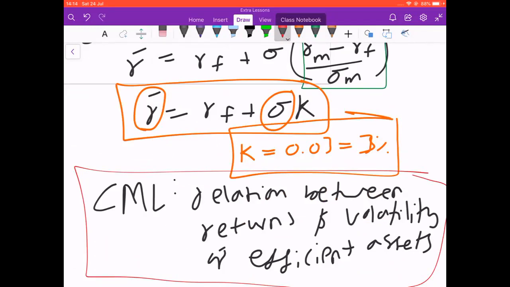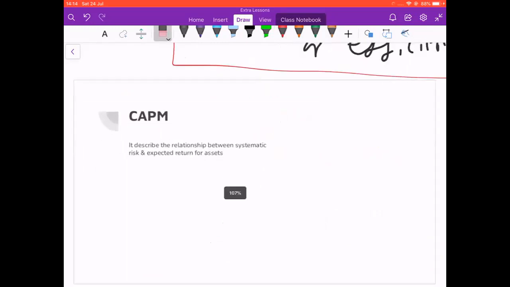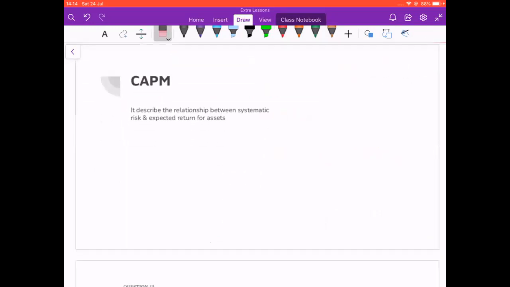So in that case, we use the capital asset pricing model. CAPM describes a relationship between systematic risk and the expected return of an asset.